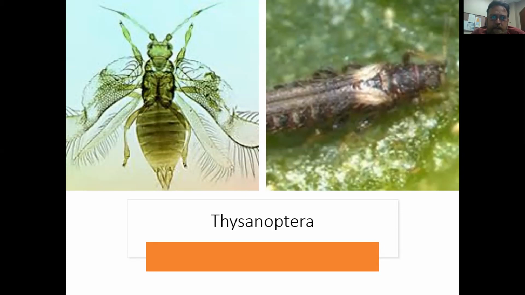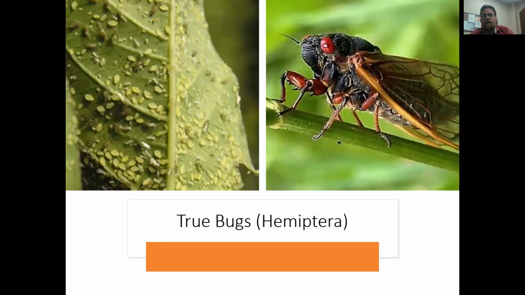When you look at them under the microscope, as you see them pictured there on the left, you can see those really interesting hairs that they have on their wings. You tend to find them in flowers fairly commonly, but a significant pest in a lot of different crops. We are often familiar with the true bugs in a lot of different names, in a lot of different groups.